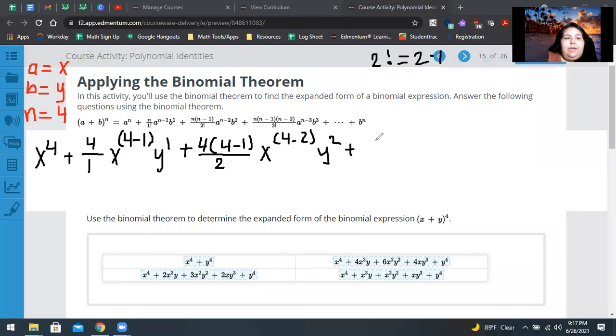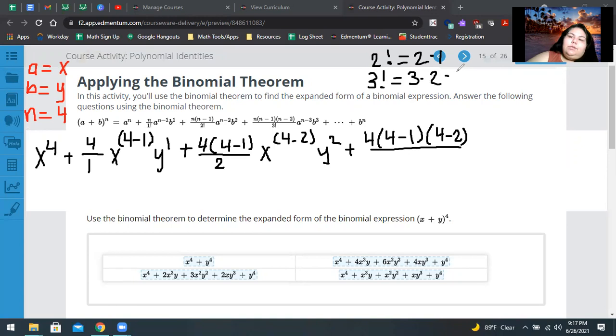It's going to be n, which is 4, times n minus 1, so 4 minus 1, times n minus 2, or 4 minus 2, all over 3 factorial. Instead of writing out 3 factorial, we can simplify this: 3 times 2 times 1, 3 times 2 is 6, 6 times 1 is 6. Now this is a.